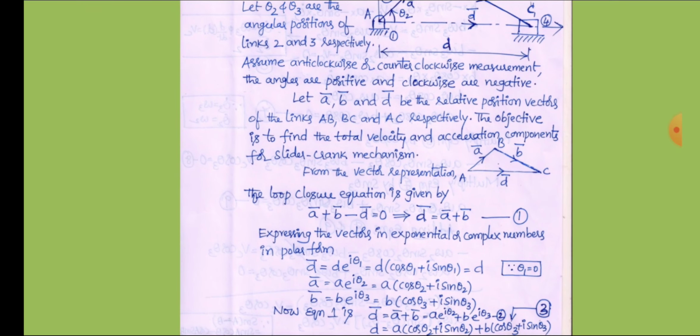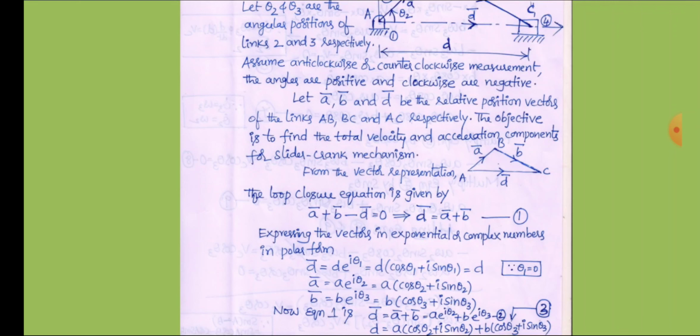In equation 1, d bar is equal to d, that is equal to a bar, that is a of cos theta 2 plus I sin theta 2, plus b bar, which is b into cos theta 3 plus I sin theta 3.